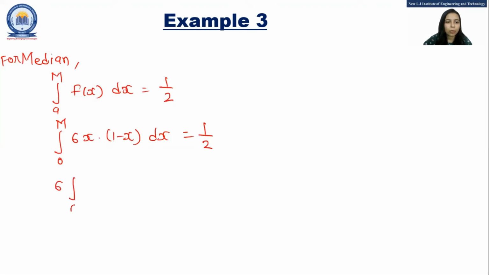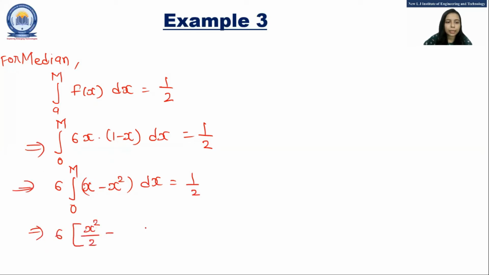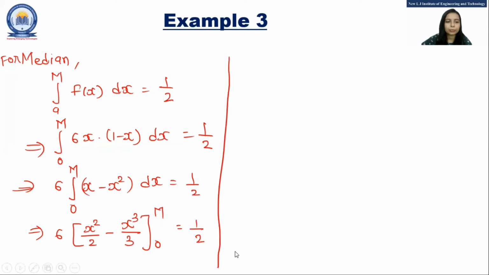So 6 would become common. Integration from 0 to m x minus x square dx is equal to 1 by 2. So that is nothing but x square divided by 2 minus x cube divided by 3. Lower limit is 0, upper limit is m is equal to 1 by 2.